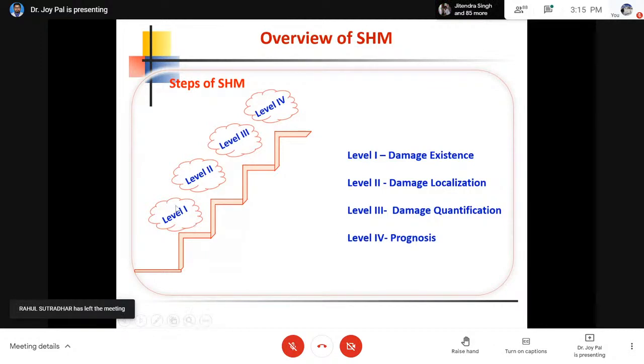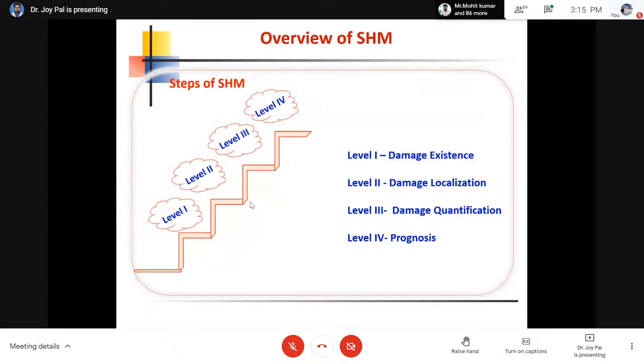Then the second one is level 2 category, that is where this damage is taking place. That means whether damage is at the liver or damage is at the kidney or any other places. So that means in case of structure, whether damage is at the joints, whether damage is at the normal members, whether damage is at the slab or damage is at the column. So this kind of information you will get in case of damage localization. Coming to the quantification part, that means you will quantify the severity, what is the level of damage.